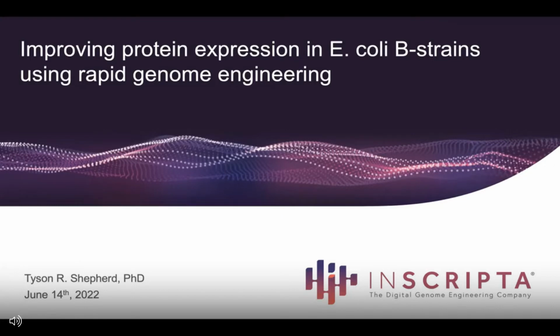And here we thought, wouldn't it be interesting if we could apply the rapid and high throughput genome engineering capacities of the Onyx platform to investigate variants of those B strains that could improve production of proteins. And so that's the story that I'm going to tell you about today.